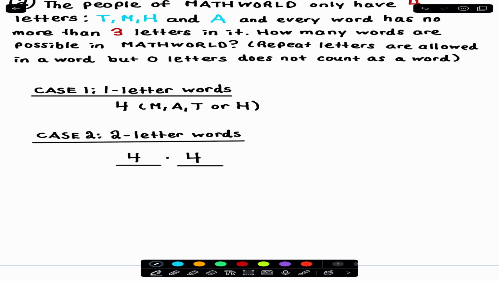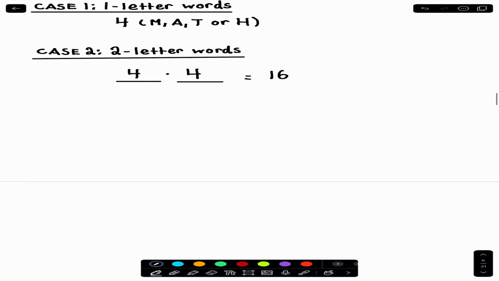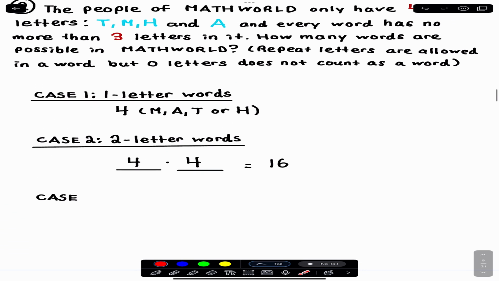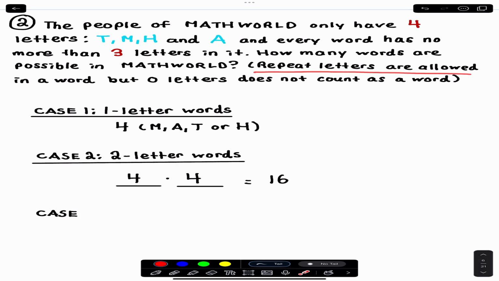Possibilities, choices, same thing either way. This means there are 16 valid 2-letter words. And yes, there are still 4 choices for each because repeat letters are allowed, as stated in the problem.